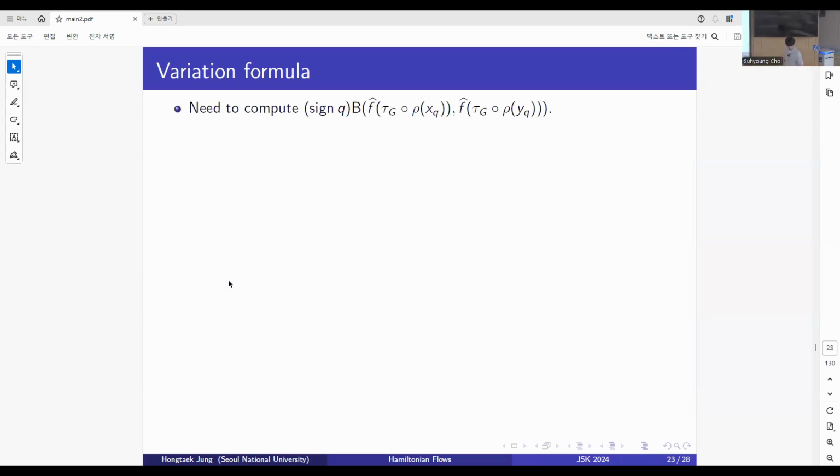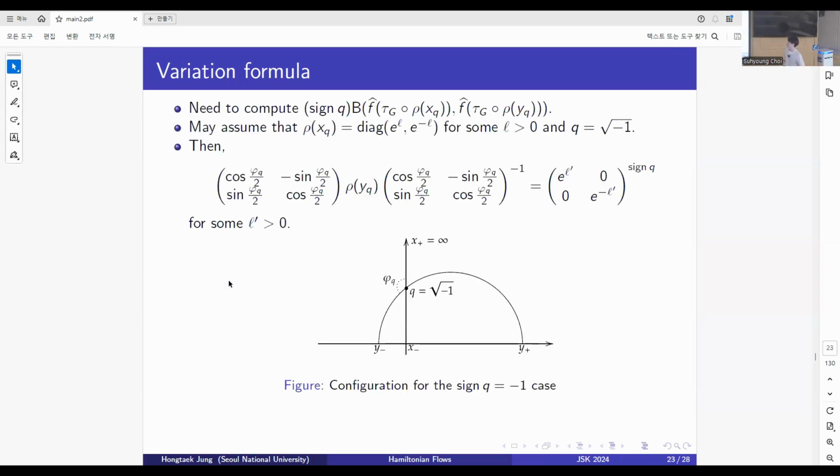Sounds very complicated, but the situation is kind of simple. So anyway, we have to compute this quantity from the Goldman product formula. We know the value of the Goldman function at the positive Weyl chamber. And because of the theorem by Labourie and Guichard, you can always conjugate this element into the positive Weyl chamber.